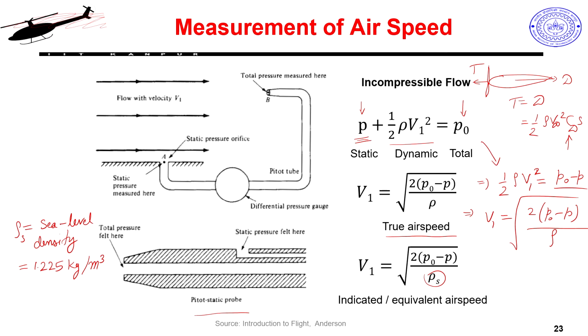If I use this in calculating my airspeed, then that becomes my equivalent or indicated airspeed, and that is what we work with. We will rarely ever get the true airspeed, we will always get this.